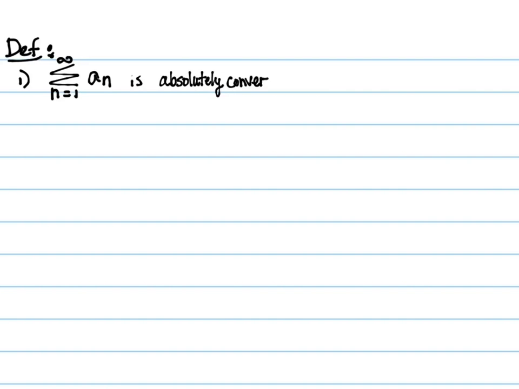So let me give you a couple of definitions that I've alluded to already. So the first one is this. The summation from n equal 1 to infinity of a sub n is absolutely convergent when the summation of the absolute value of a sub n converges.